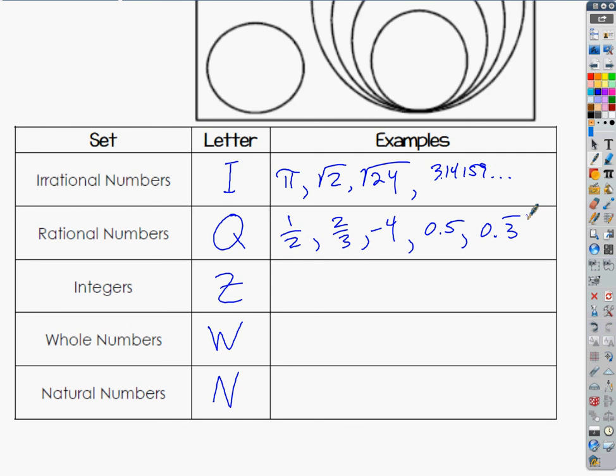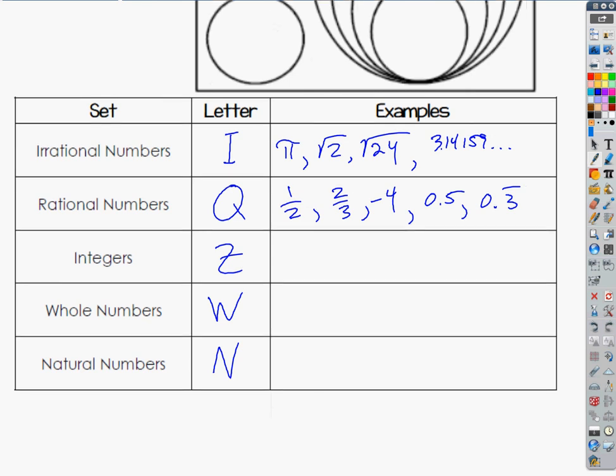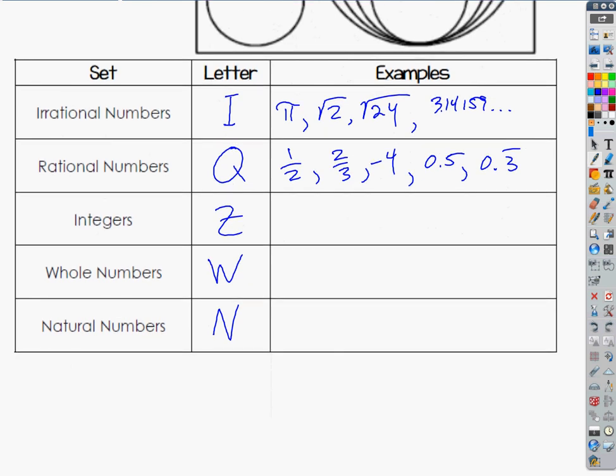Integers, remind me, what are integers again? Integers are rational numbers that can be written how? What's special about integers? Okay, good.